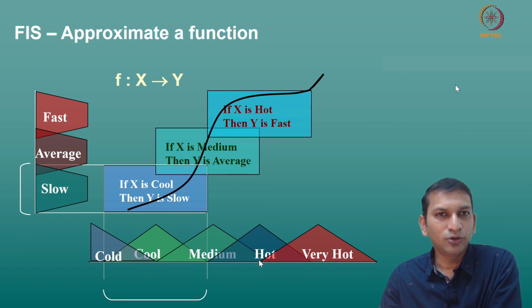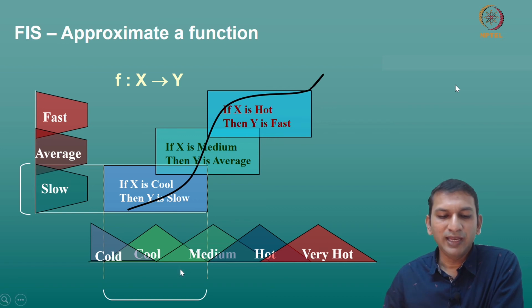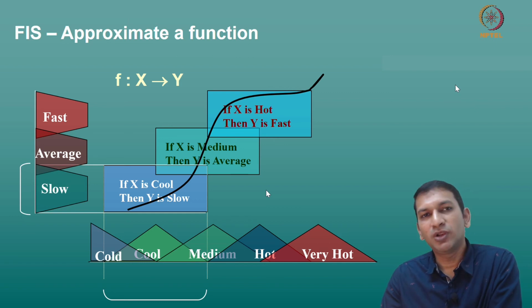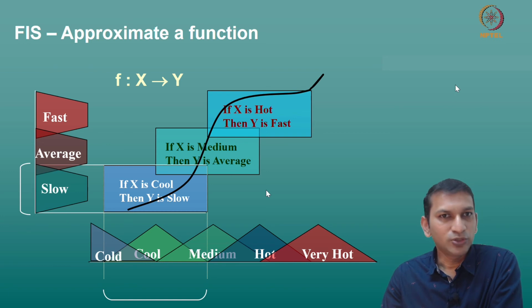Finally, the aggregated output is a fuzzy set, and we need to defuzzify it. Now, depending on the defuzzification that is chosen, it could fall anywhere within this region. So, it is always better to finely granularize it so that we have smaller and smaller patches which cover this function. Of course, there is also a downside.